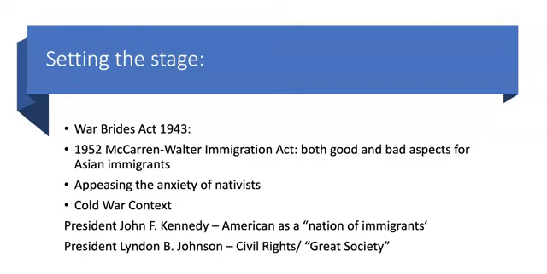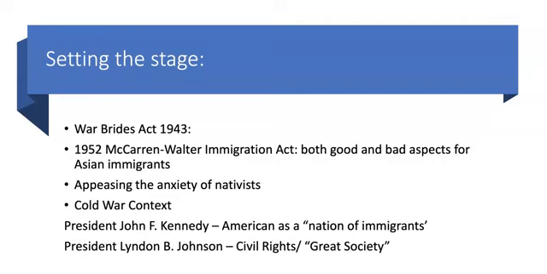And I can't overstate this enough: the 1965 Immigration Act is going to drastically recast or reconfigure not only the landscape of Asian America, but also the entire country itself, the United States. It's going to be recast in terms of its ethno-racial composition.